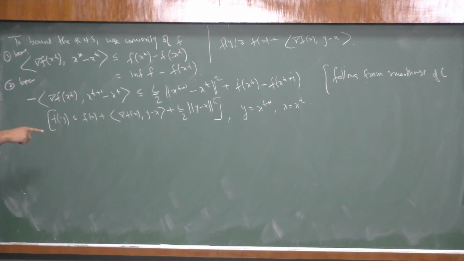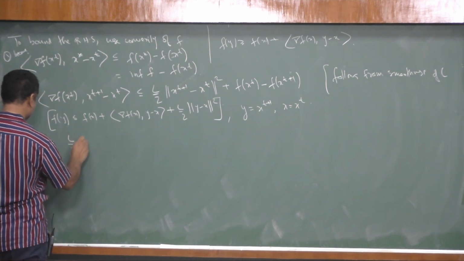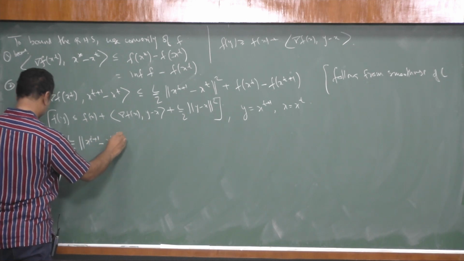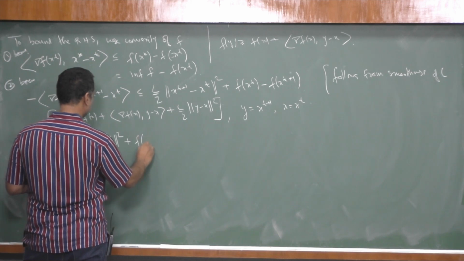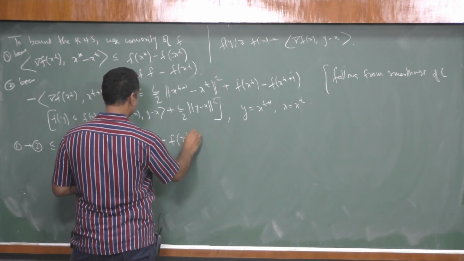So 1 plus 2 is less than or equal to the sum of those upper bounds: infimum minus f xt plus f xt gets cancelled. That's it. So 1 plus 2 is less than or equal to L by 2 norm of xt plus 1 minus xt squared plus f xt minus f xt plus 1.